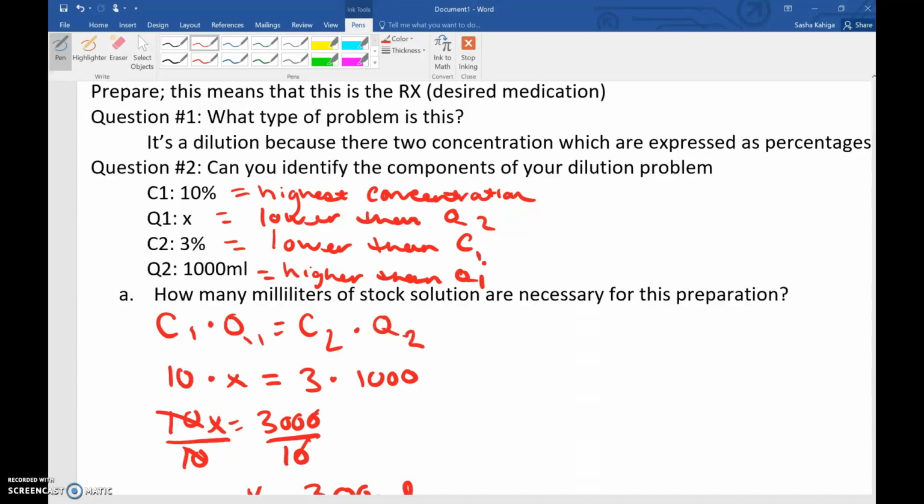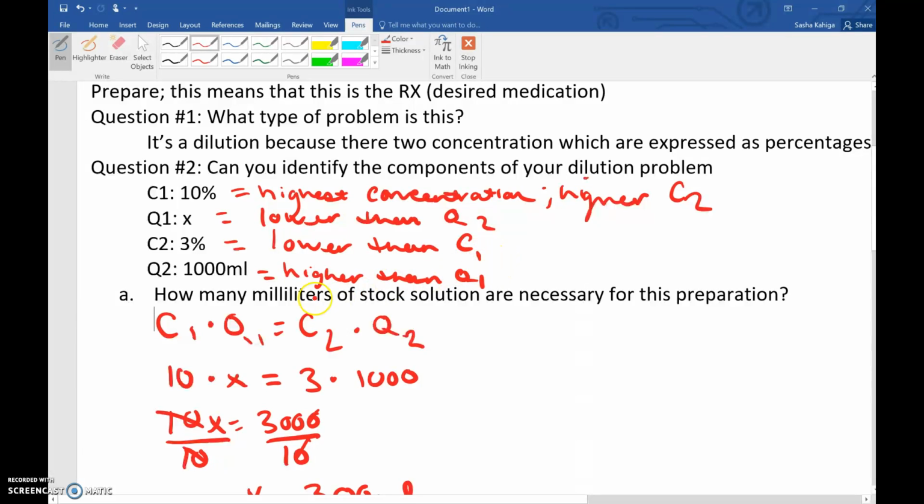When you're identifying your components, keep in mind that your C1, which is your stock concentration, will always be higher than your C2. Your C2, which is your desired concentration, will always be lower than your C1.